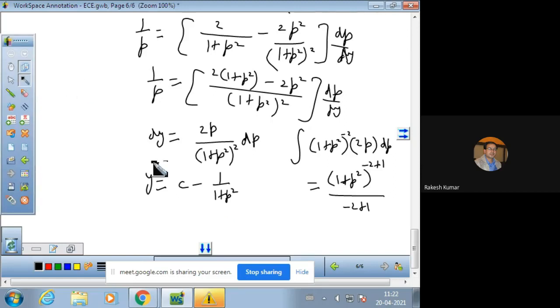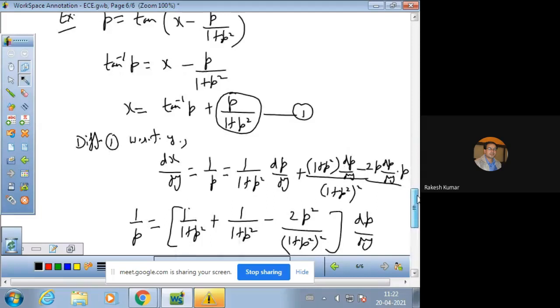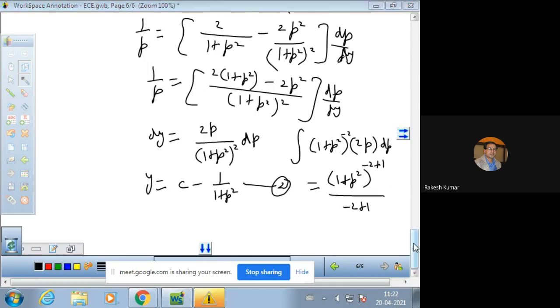Now, this is the solution we have. This is the solution, number 2, and number 1 is there. Because p cannot be eliminated here, equations 1 and 2 can be taken together as the general solution.